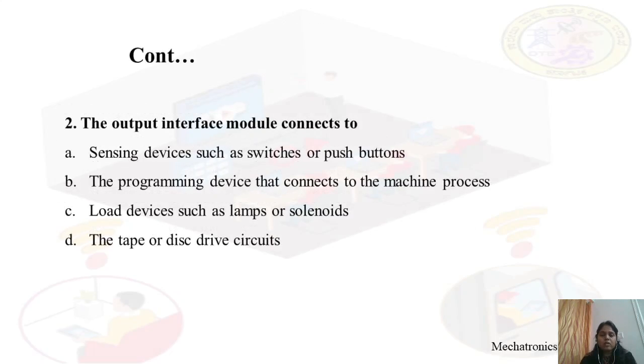Next, the output interface module connects to: option A, sensing devices such as switches or push buttons; option B, the programming device that connects to the machine process; load devices such as lamps or solenoids; the tape or disk drive circuits. The option here is output interface module, what it does.